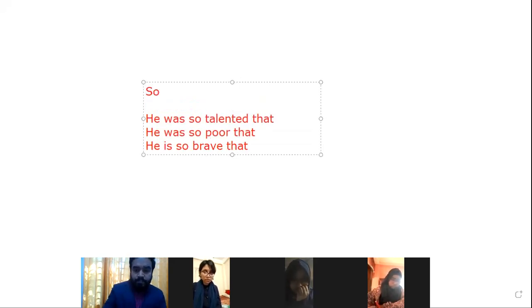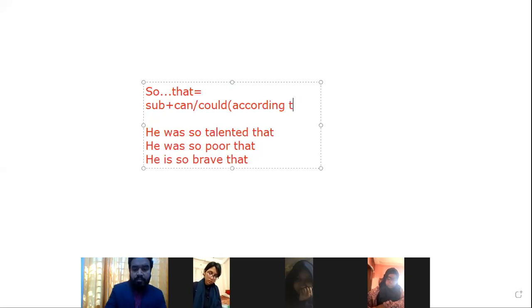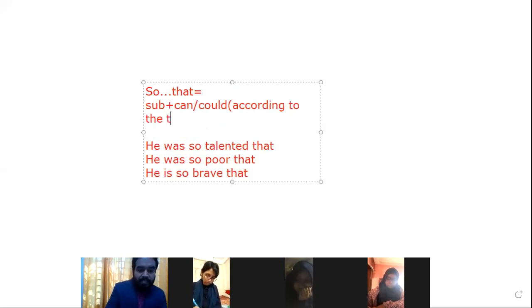So that clause will be followed by subject plus, please write down the structure, subject plus can or could according to the tense, plus sometimes negative, sometimes affirmative.